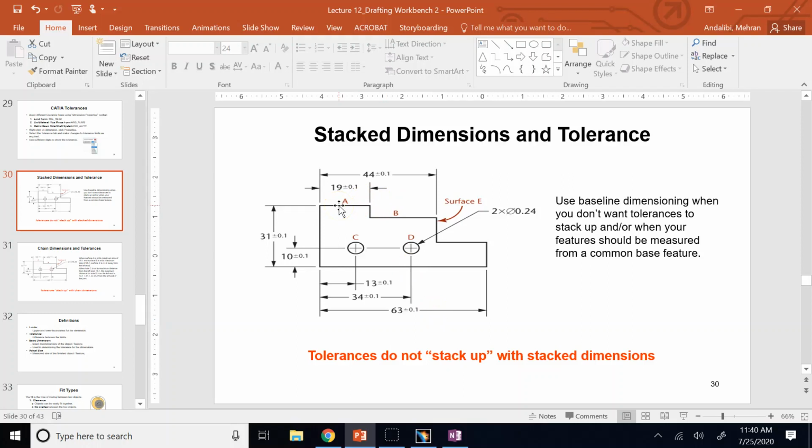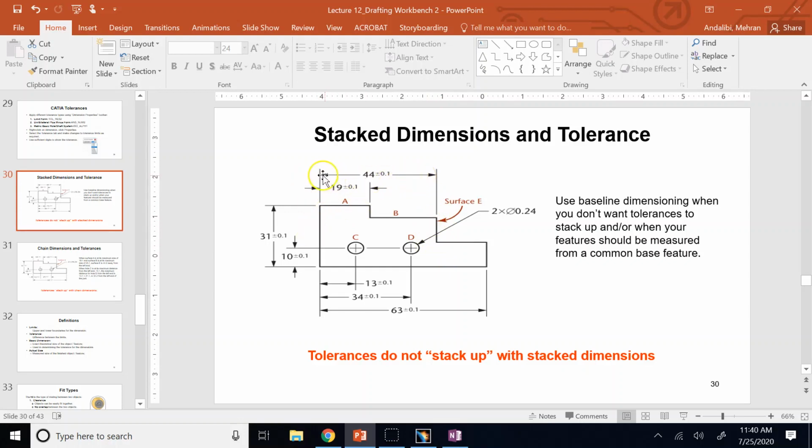So, if the manufacturer makes this first size more than 19, so he makes it at 19.1, the max value, is that going to affect how he makes the second offset of this third plane from the first one, 44?